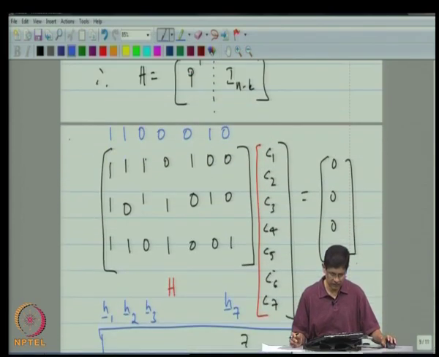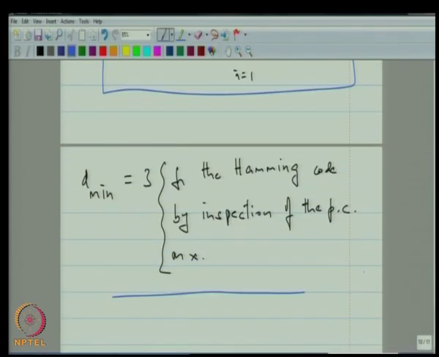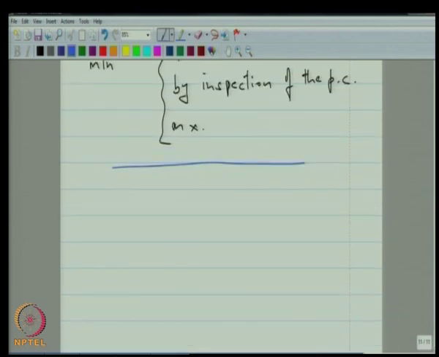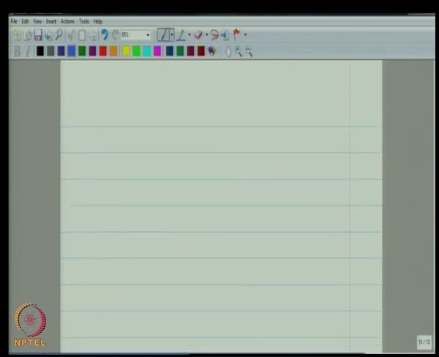So, this is in some sense a preview of a general theorem that we will actually prove, which is going to take us to the second method of finding the minimum distance of a linear code. The first method says, well, find the minimum Hamming weight of a non-zero code word. The second method is telling us, look at the columns of the parity check matrix, and from that sometimes it is easy to find the minimum distance, or at least it is feasible.